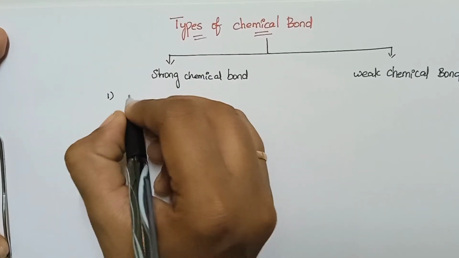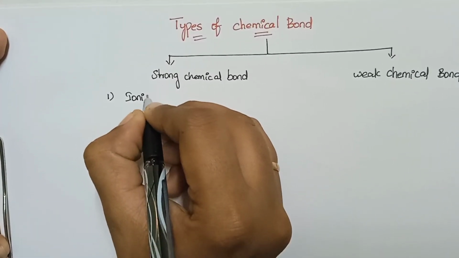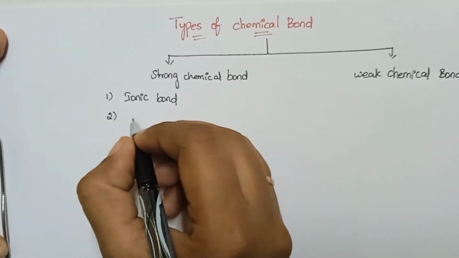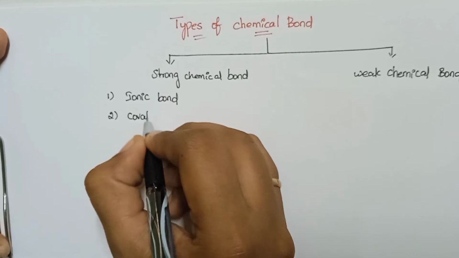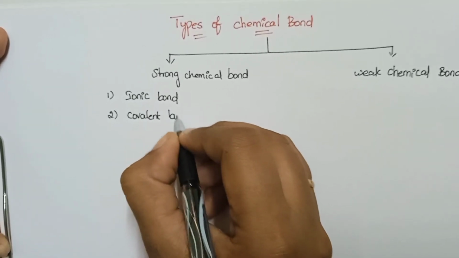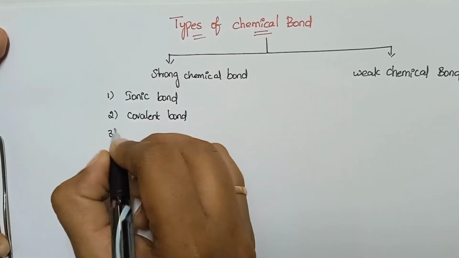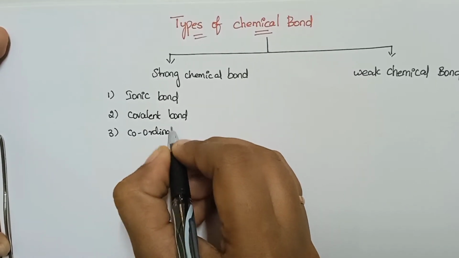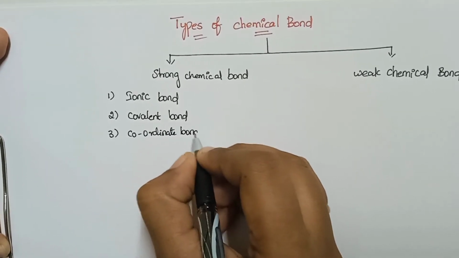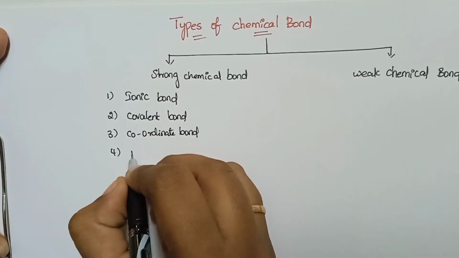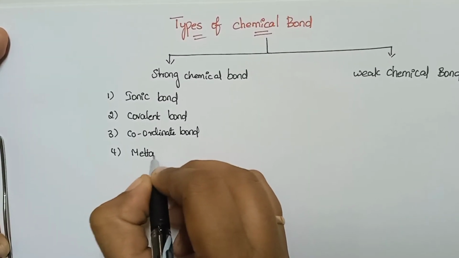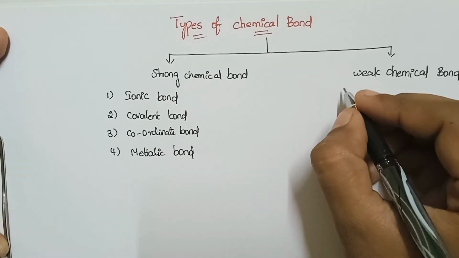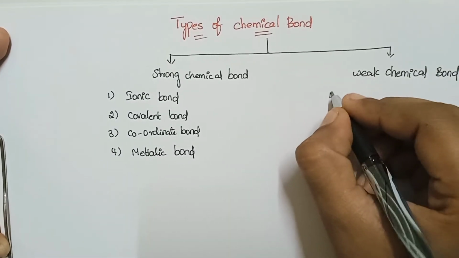The first one, ionic bond; second one, covalent bond; third one, coordinate bond; and the last one, metallic bond.